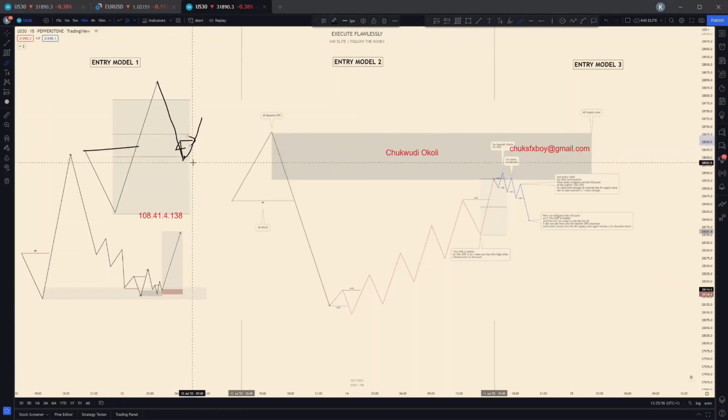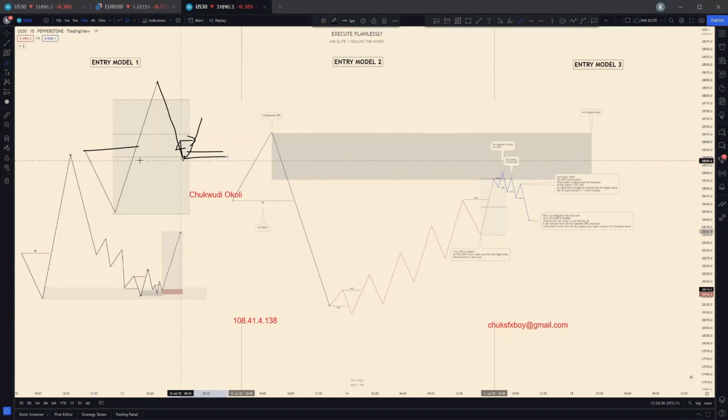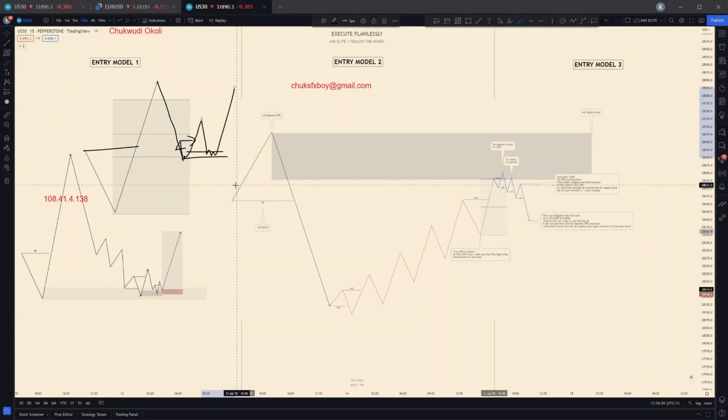If in the process of doing this it already chalked 1 minute like this, what I will do is make sure I get my POI as close as possible to the equilibrium and then take an entry from as close as possible to the equilibrium using a 15-second chalk. So we don't have to ever worry about 1-minute premium discount and 15-second premium discount also.